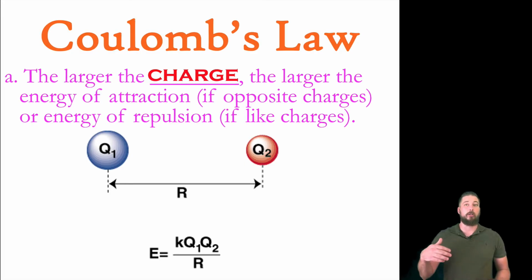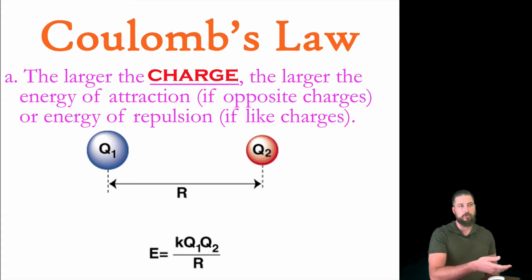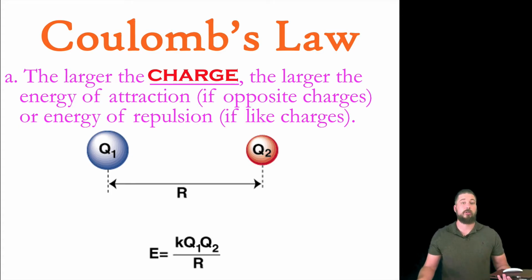What if we have a lot of positive charge and a lot of negative charge? Well, that's going to be a large attraction compared to a little bit of positive and a little bit of negative. So the little positive and little negative will still attract each other, just not as much as a large positive and a large negative. So the larger the charge, the larger the force of attraction or repulsion.